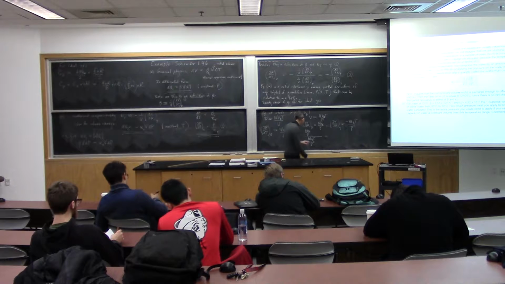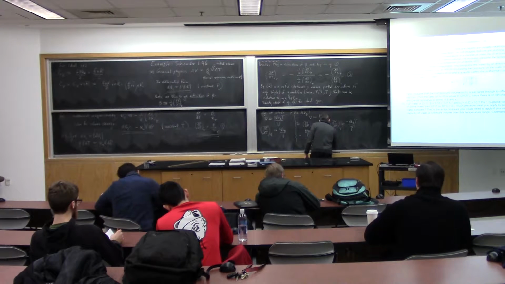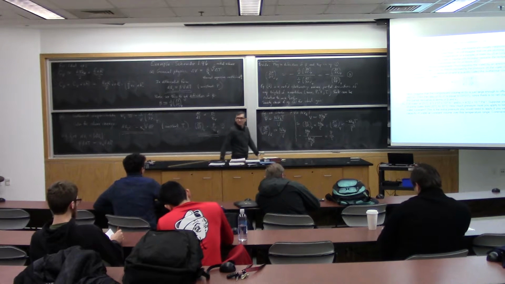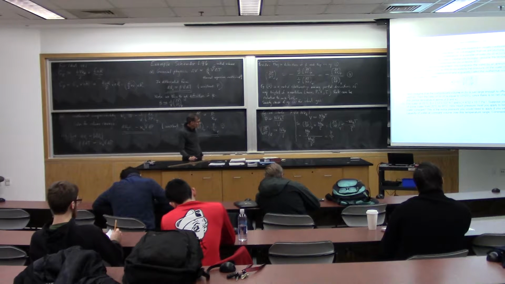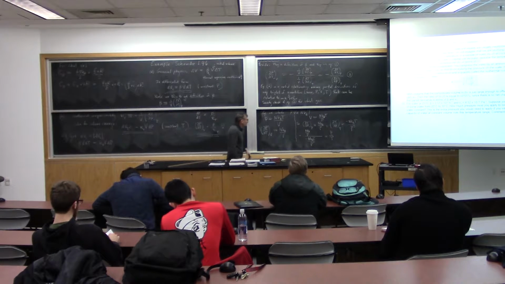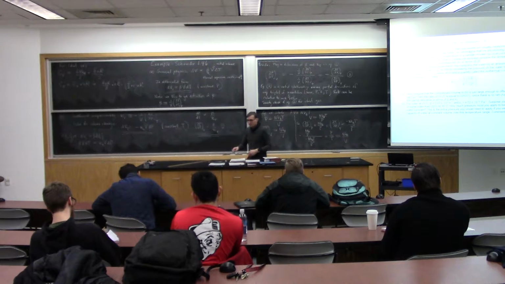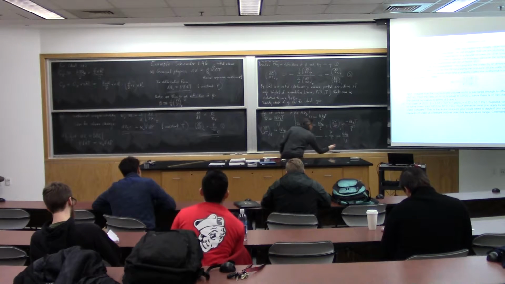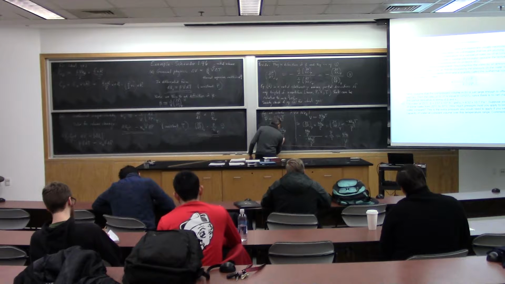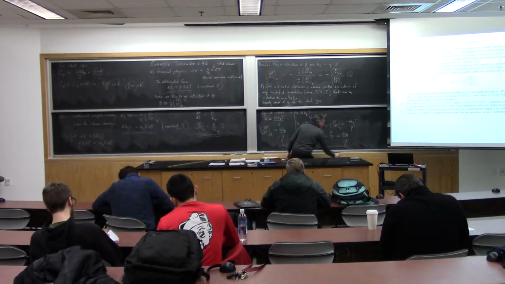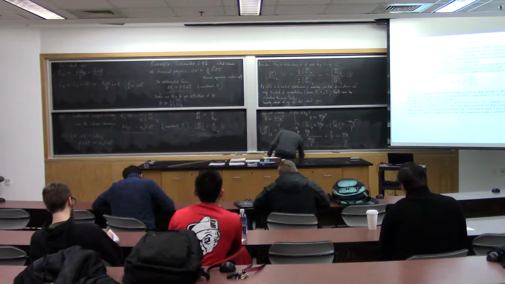I get one cancellation of a factor of p, so I believe I'm left with p over T. But the ideal gas law tells me that p over T is nkB over V. And that's what I had for the derivative on the left side of equation 2. So they are the same.